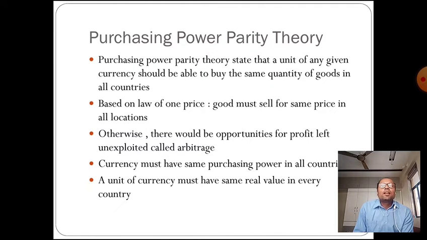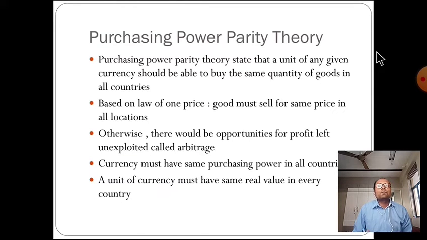In the long term, the price of the product gets equated in both the markets, because in the Indian market, since there are people buying because the product is available at a lower rate, the demand in the Indian market will move up, which will result in a higher price. On the other side, people are selling the product in the global market, in the US market, so supply in the US market will move up, which results in lowering of the price.